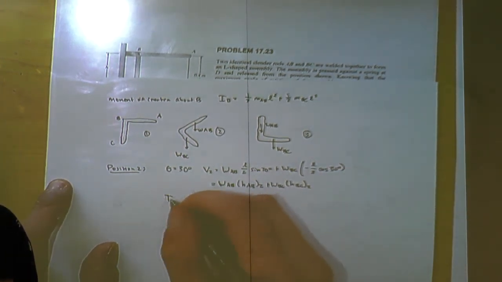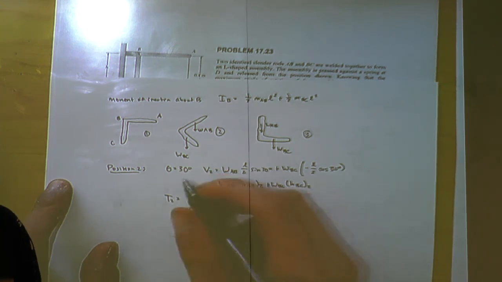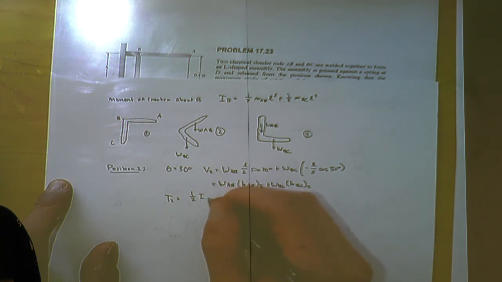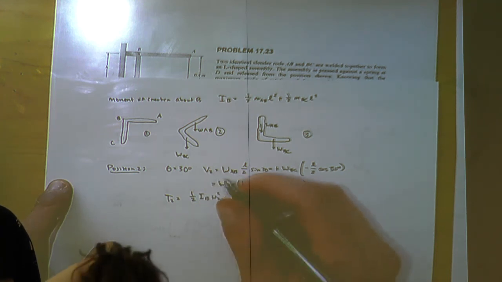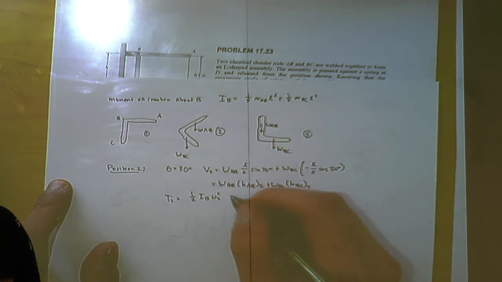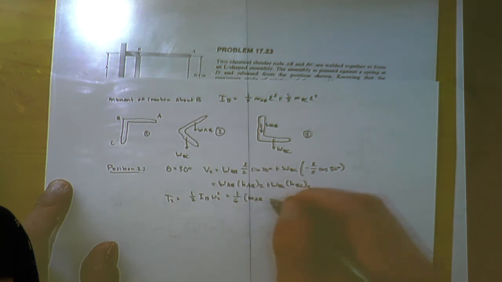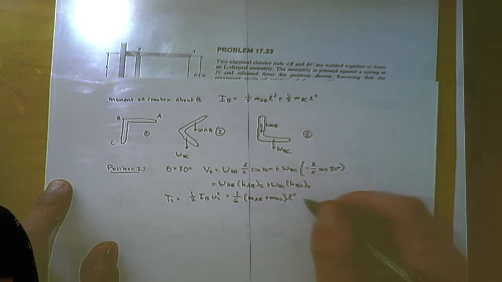And then kinetic energy is 1/2 moment of inertia about B times the angular velocity at 2 squared. That's going to be 1/6 mass of AB plus mass of BC, L squared, angular velocity at 2 squared.